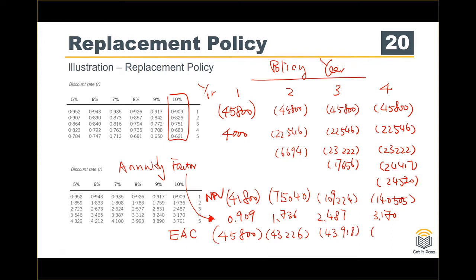For the 4-year policy, it is 44,323. So it means the best, or the lowest negative NPV policy, is the 2-year policy. So we go for the 2-year policy, or we suggest the 2-year policy to the management.